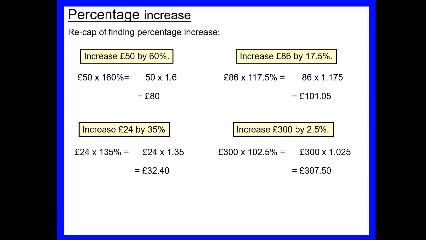So again, making sure we add the extra 0 on there ourselves. Pause the video if you need to, check through those, make sure you're happy with being able to increase and that you understand how to change a percentage to a decimal multiplier for increase.